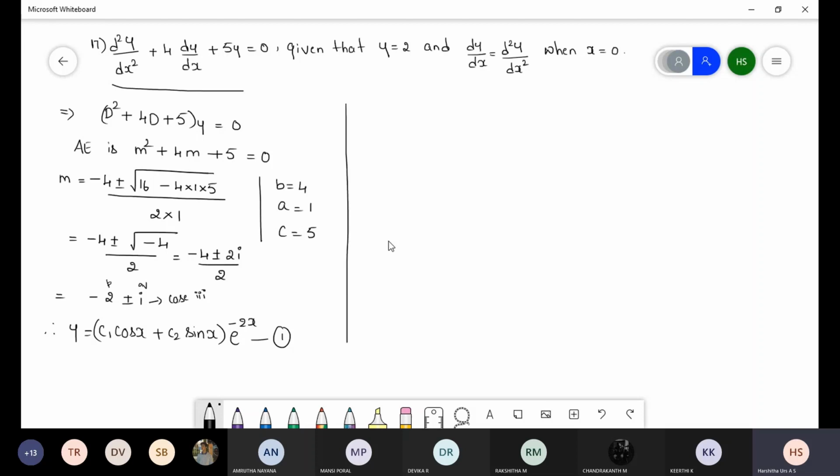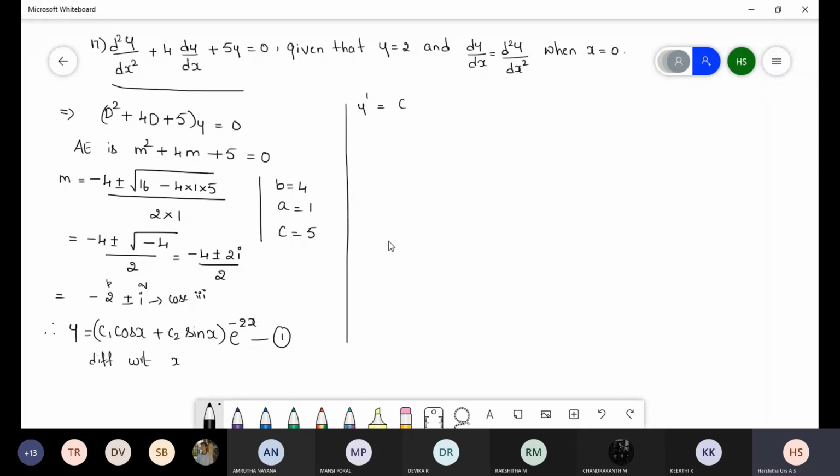Now according to the problem they asked for the first differentiation and also the second differentiation. So differentiating equation 1 with respect to x. So y dash is equal to, here we have to apply the product rule.